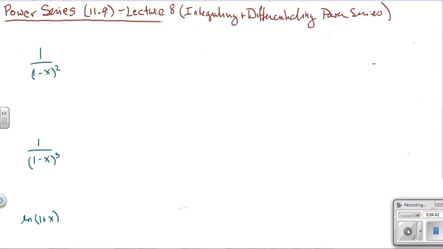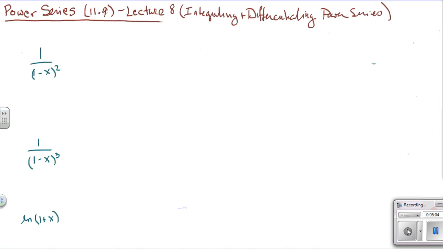Okay, so here's a couple examples where we're going to try to actually use the theorem we just did, which is that you can integrate or differentiate a power series term by term. So we're still in the process of trying to figure out the power series expansion of certain functions around 0. Later we'll do it around other points, but right now we're looking for the power series expansion around 0.